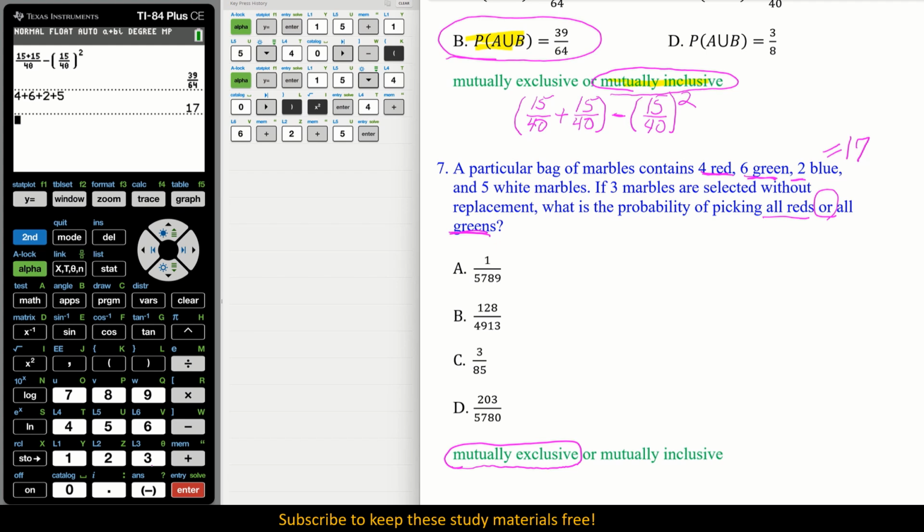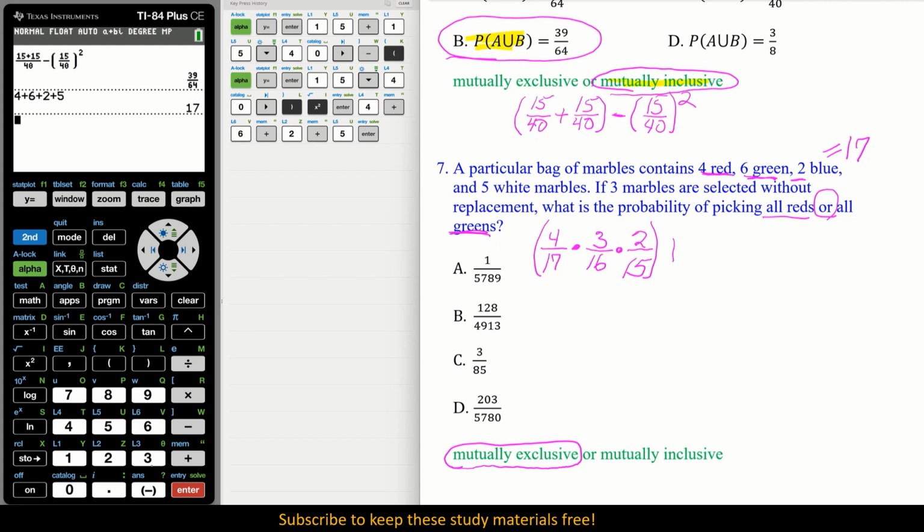All right, so let's look at the reds. Red is 4, so that is 4 over 17 times 3 over 16. We took the marble out. Now it reduces the situation. Now, the third time, we'll only have 15 marbles and only 2 options. That is all one probability.